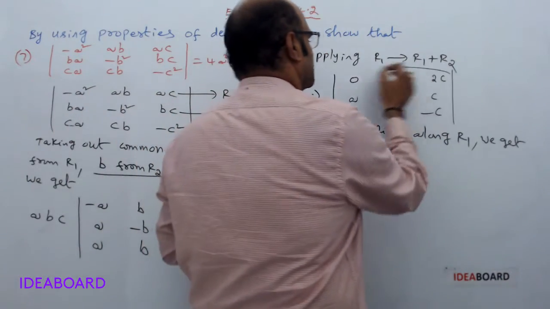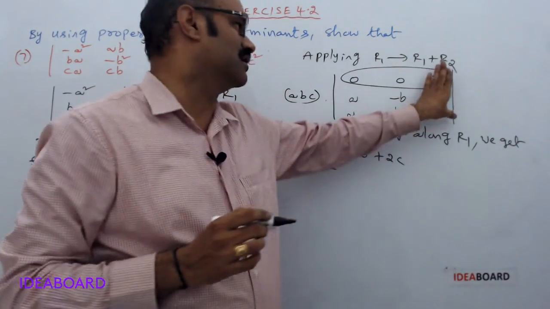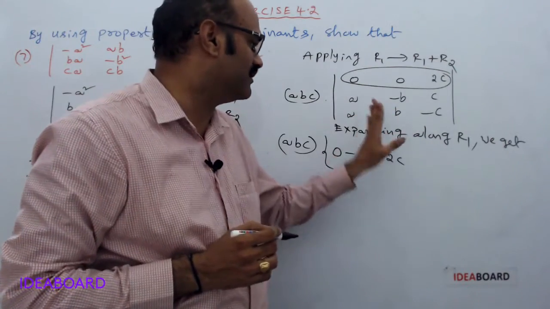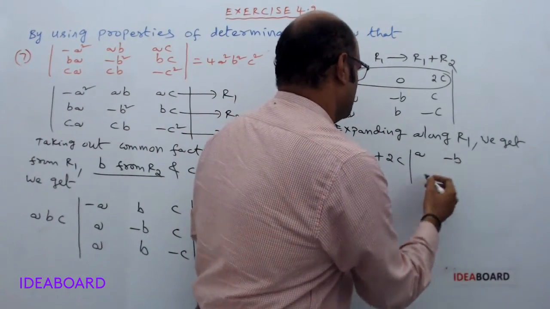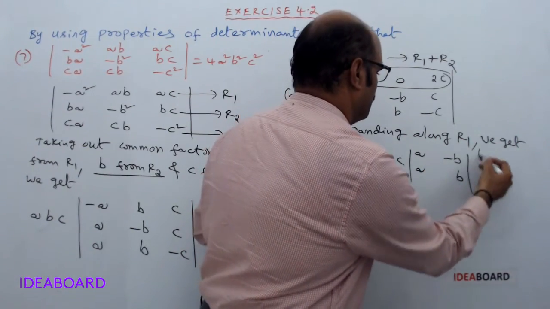So we close the first row and also the third column. Then the remaining 4 elements we write in a determinant: a, minus b, a, b.